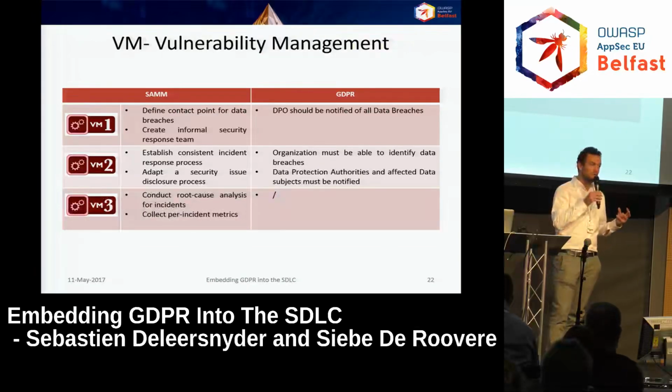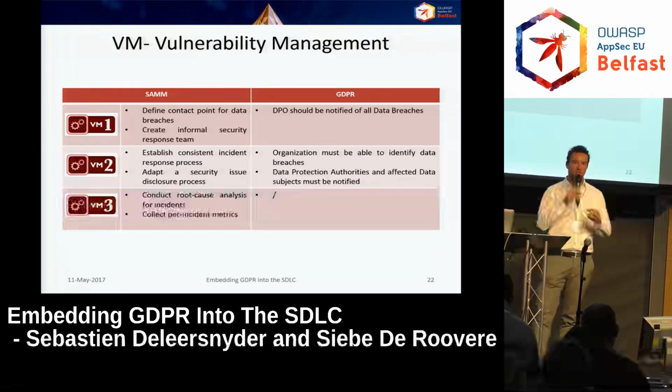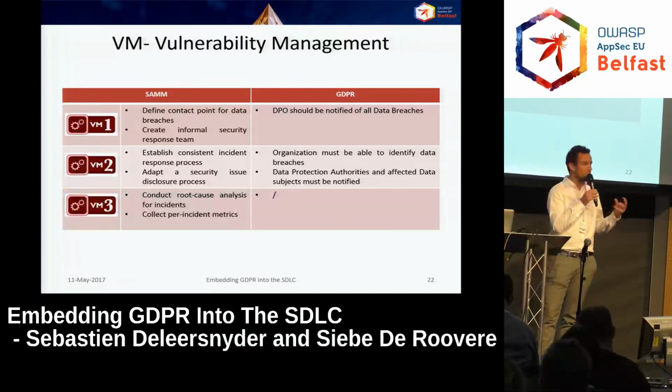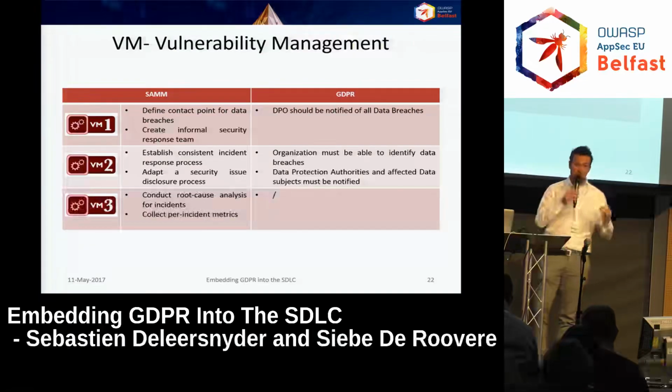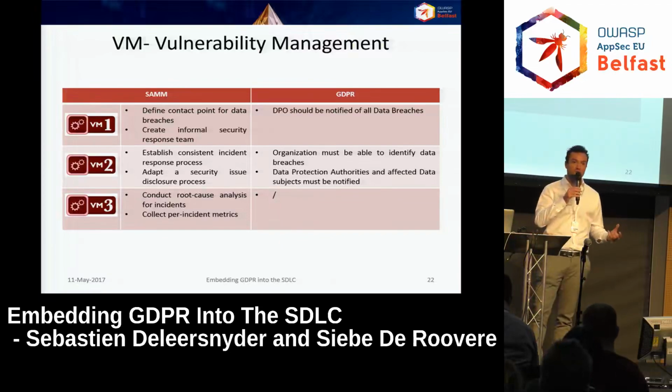This should be done by the data protection officer. So this means that you should have within your organization an incident management process that involves the data protection officer, so that the data protection officer is notified of the data breach. It also means that if you have to notify the data protection authority of data breaches, you should be able to identify data breaches yourself as an organization.